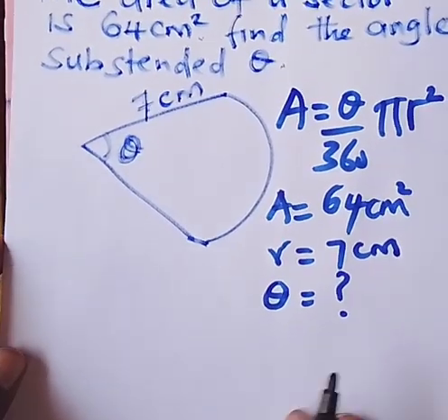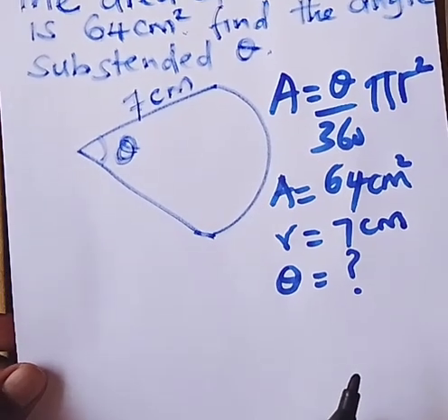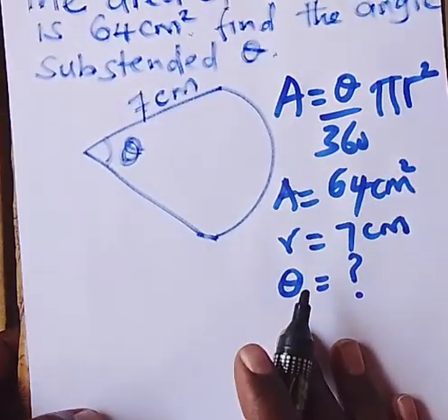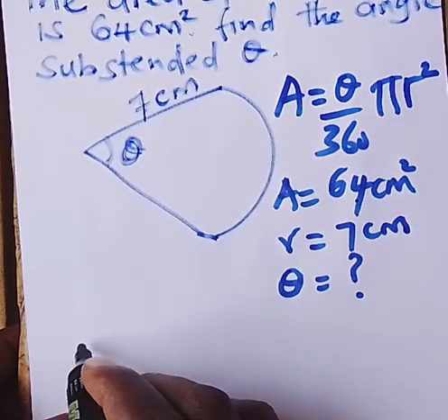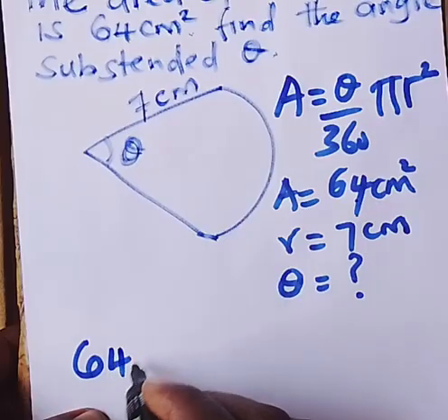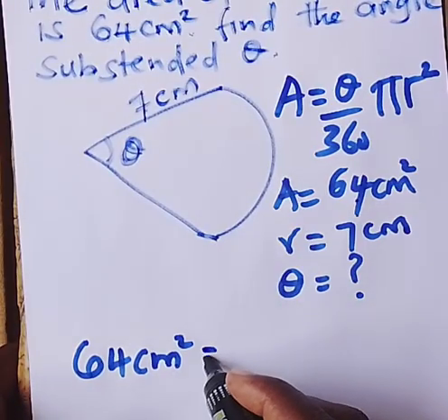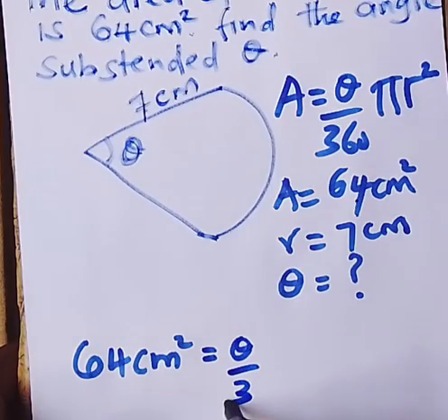So after analyzing like that, we always replace what we have in the formula and now we find what we do not have. So we have the area. So the area is 64. So on your question, we are going to substitute the area: 64 centimeter squared is equal to theta, which we do not have, so we will write just theta over 360, multiplied by pi.